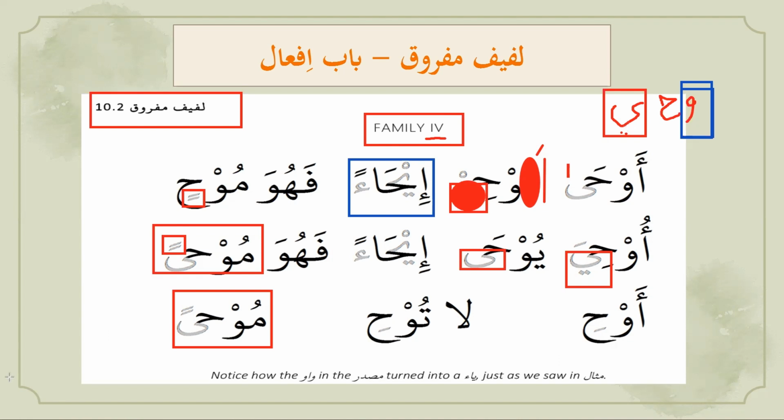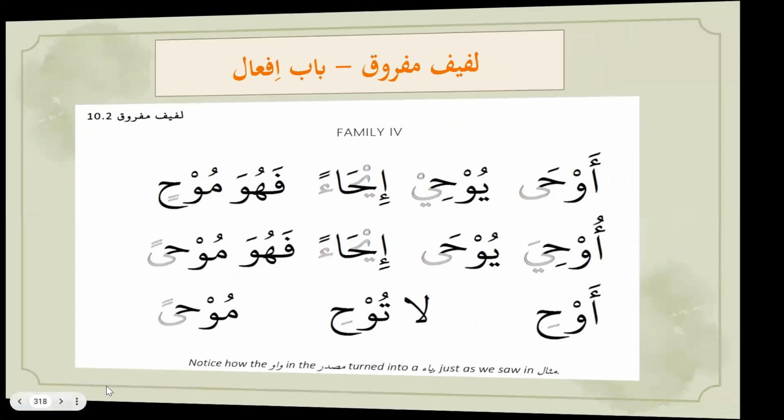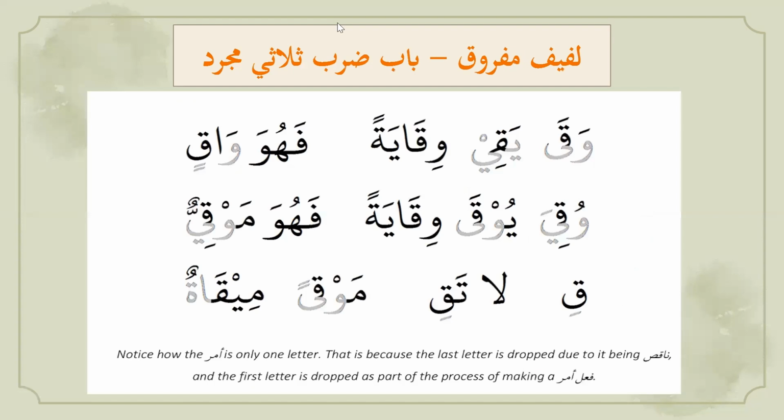Okay, so on this slide we did a Lafif Mafruq word coming from family 4. Then we have another Lafif Mafruq word, but now this is coming from family 1, Thulathi Mujarrad, and subfamily bab daraba. So waqa yaqi, waqa yaqi.